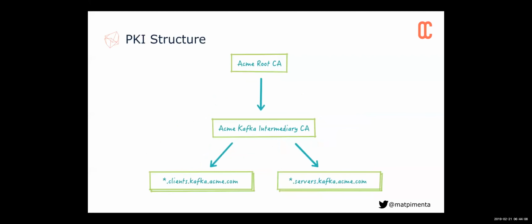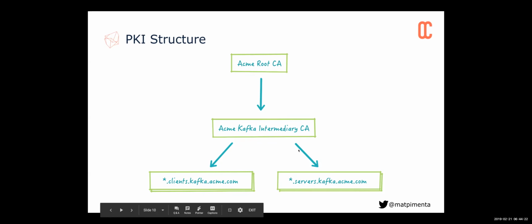In Vault, I have configured the following PKI structure. I have a root CA and an intermediate CA, which is the one everyone will be trusting. The intermediate CA can issue two types of certificates. One is the server certificate, so a node talking to another node will have a certificate of this type.